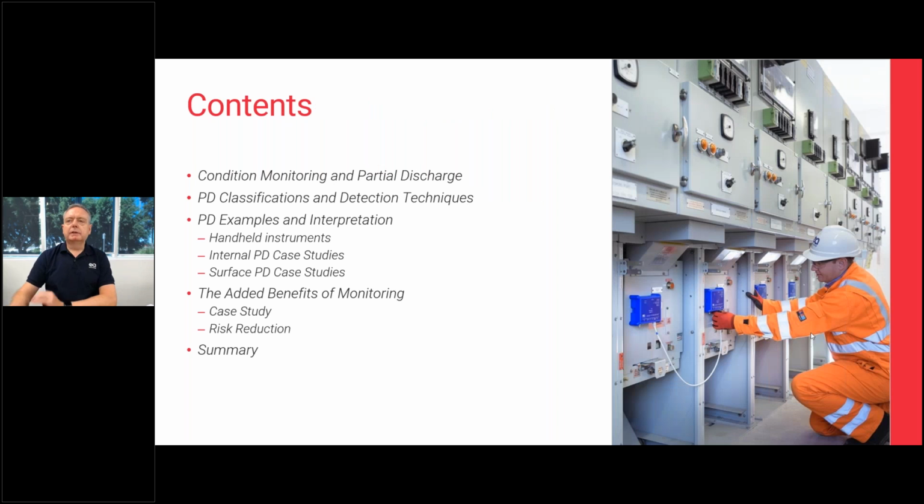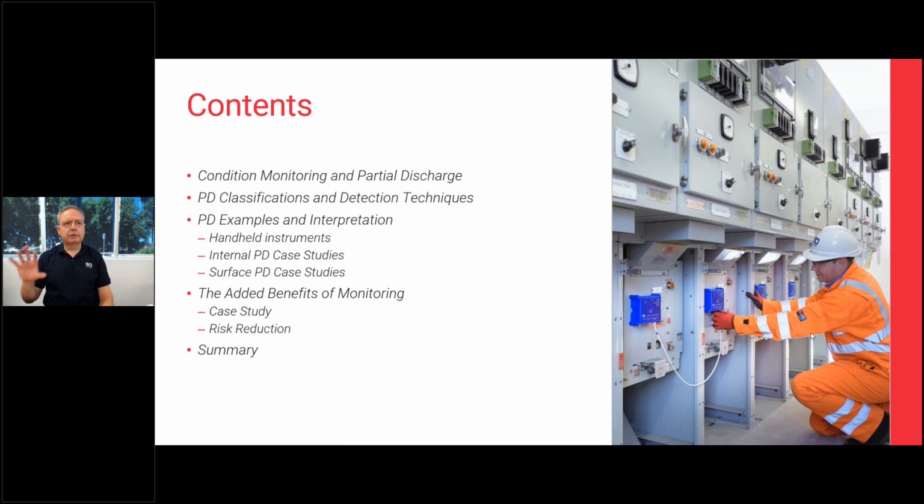The contents of the presentation today: we're going to very briefly discuss condition monitoring and what partial discharge is. We'll talk about the classifications and the different ways that we detect it, the detection techniques. We'll bring out examples using the handheld, some case studies, and what we use for interpretation and how we can use that to help prevent failures.